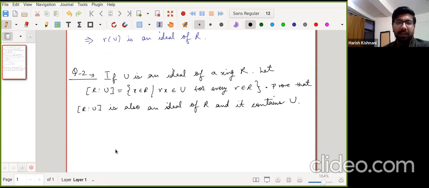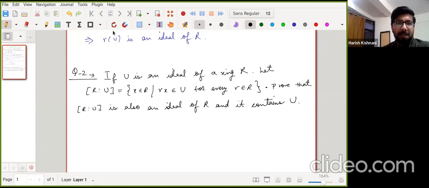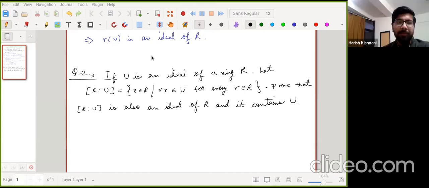This ideal may or may not be equal to the whole ring R, but it definitely contains this ideal. So is the question clear? The definition of R_U?